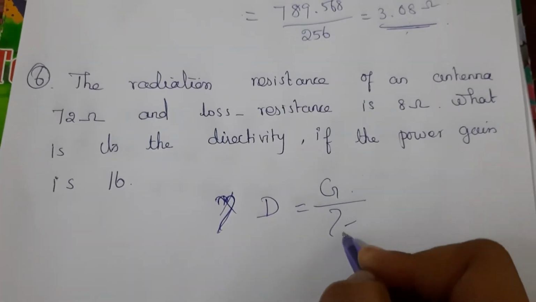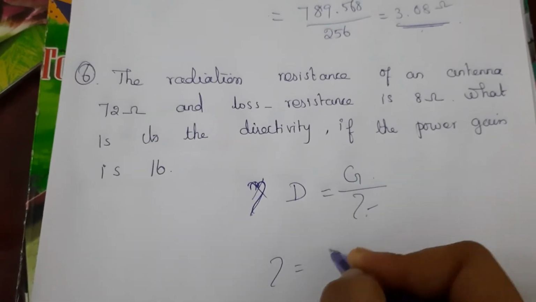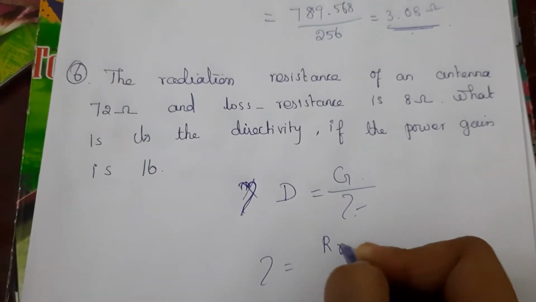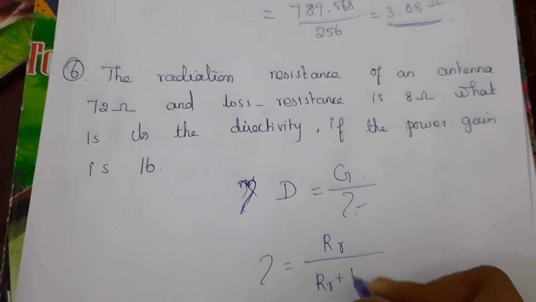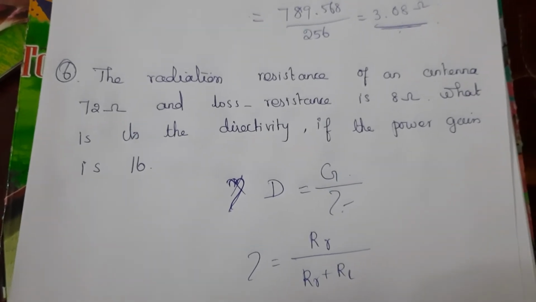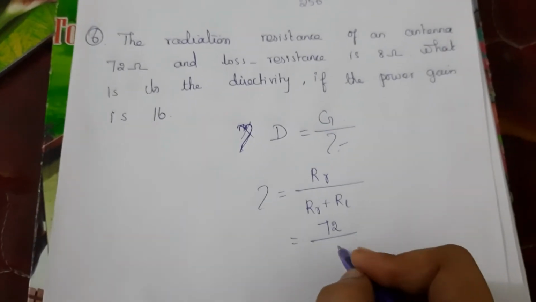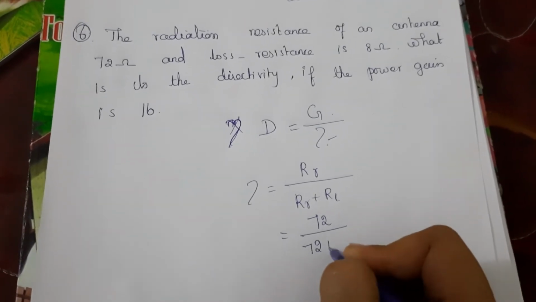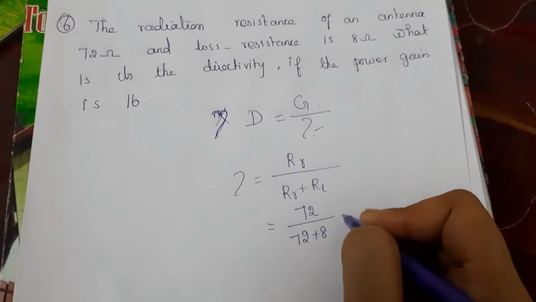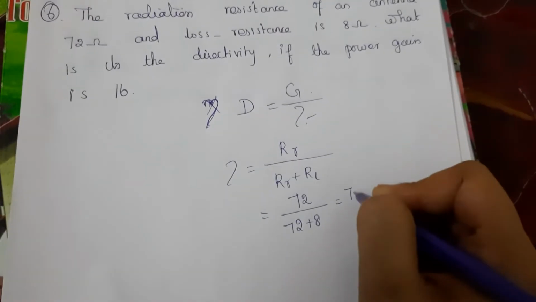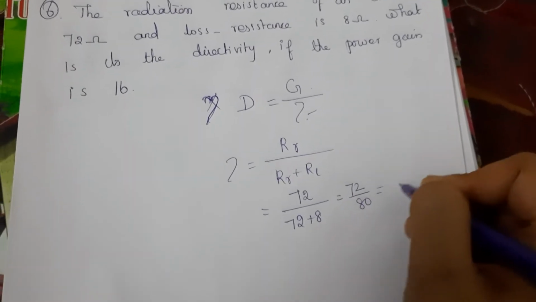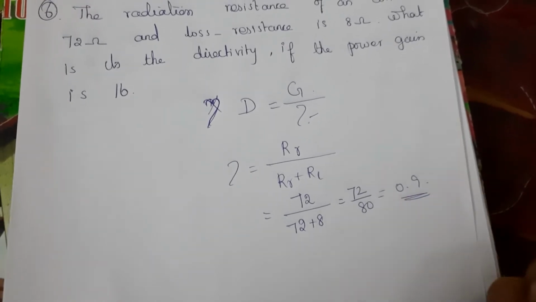So we have to find this eta, and the formula here is radiation resistance divided by radiation resistance plus loss resistance. Radiation resistance is 72, loss resistance is 8. So 72 plus 8, so this becomes 72 divided by 80, that is equal to 0.9.